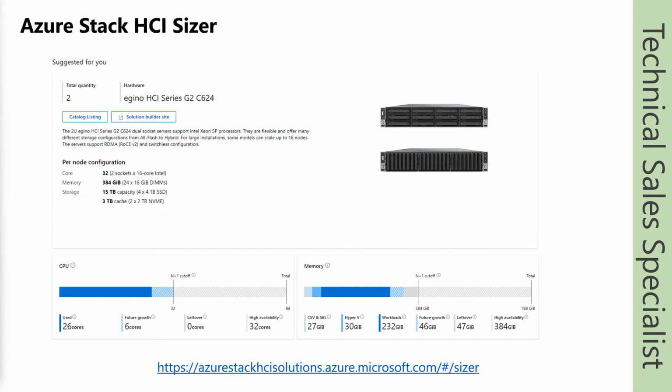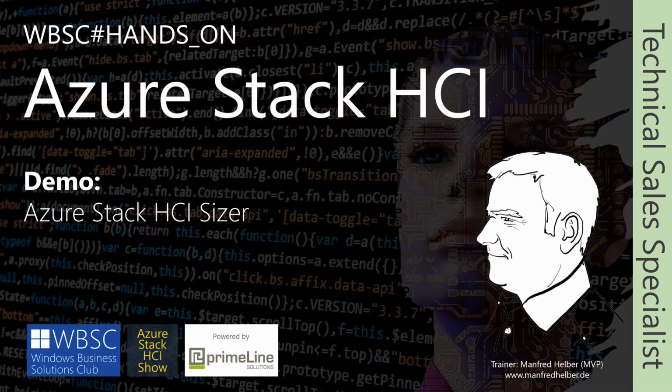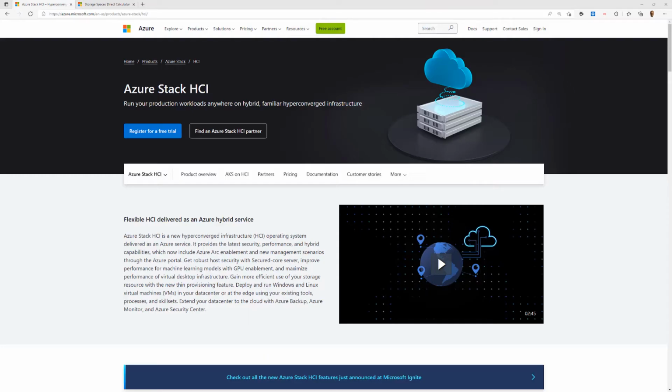The URL is on this slide, but you can also access the Azure Stack HCI Sizer via microsoft.com/HCI. Microsoft.com/HCI is my preferred landing page for all the information I want to have about the Azure Stack HCI solutions in the market. So let's have a look in a live demo on the Azure Stack HCI landing page and the Azure Stack HCI Sizer.